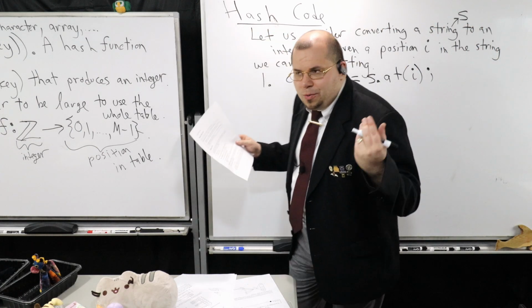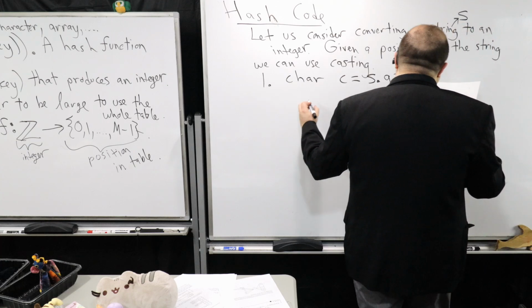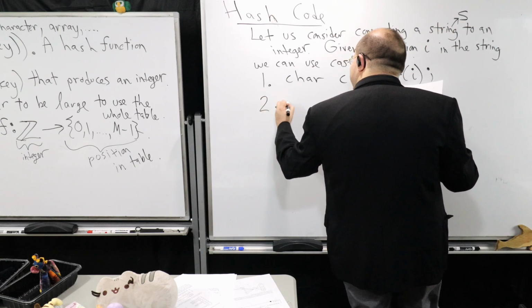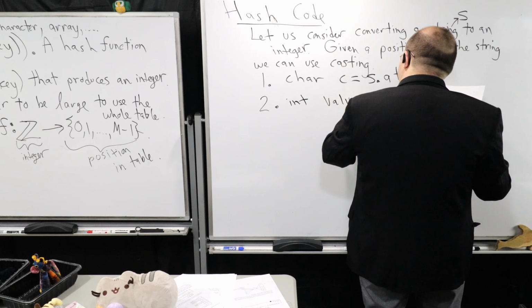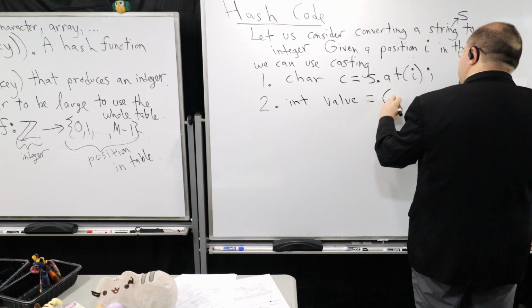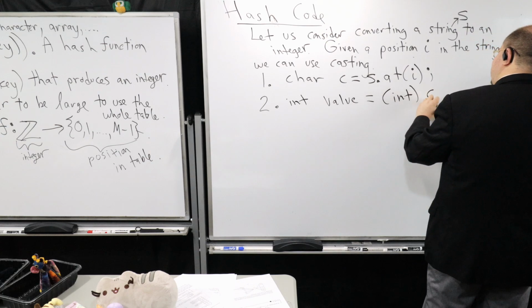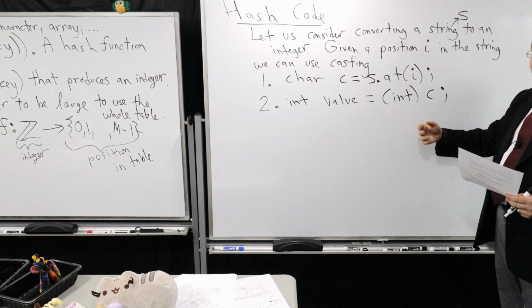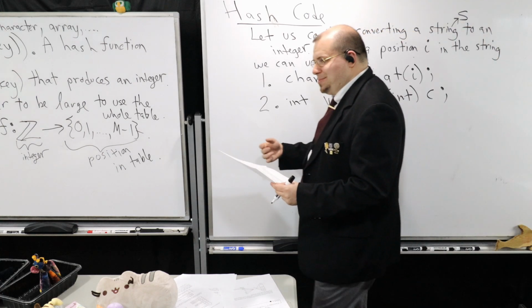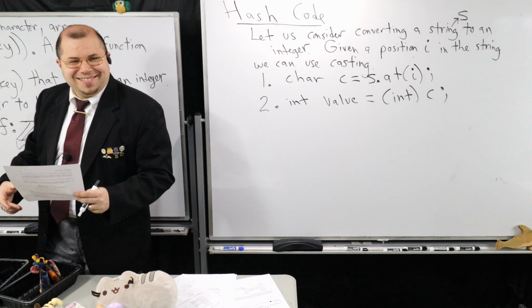This is at least one way to do it. Next, we could just simply declare an integer. I'll call it value, and we're going to assign it to be C cast as an integer. So you might recall how to cast to different primitive types. That's all I'm doing here.